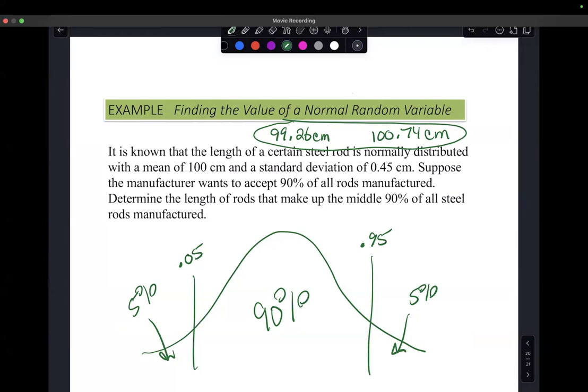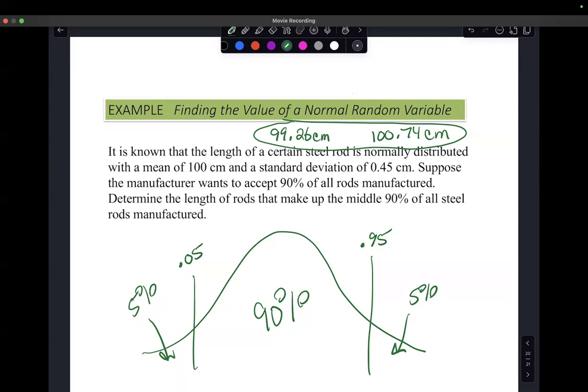Yeah, that's the important piece. That's where people mess up. People tend to say middle 90% and then just put 0.9 into the calculator instead of 0.95 and 0.05. That's why drawing it is such a good idea. It may seem like, oh, this is super simple, I don't need to draw it, but it's super helpful to just visualize it like this.